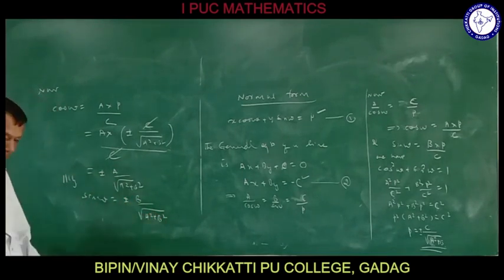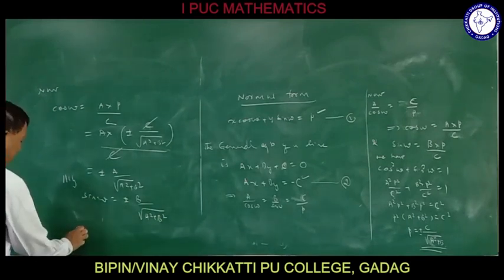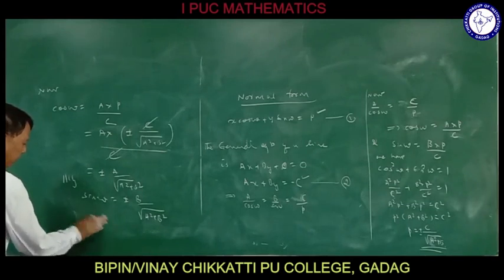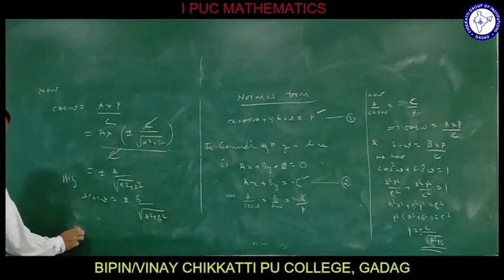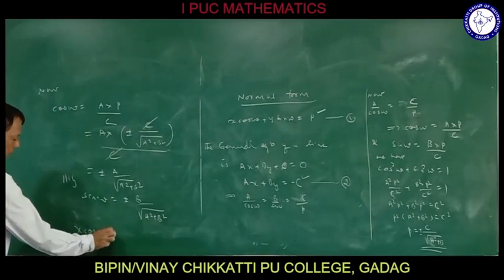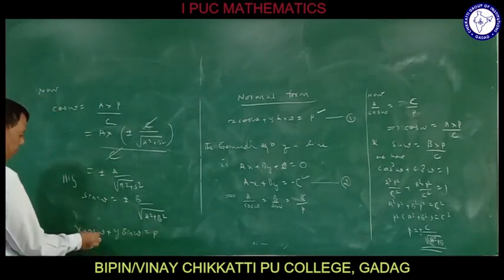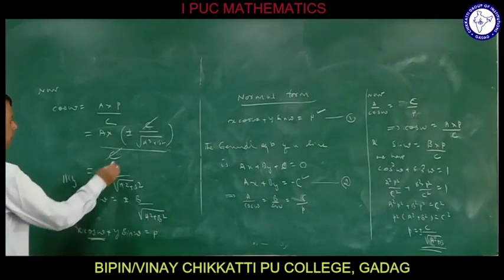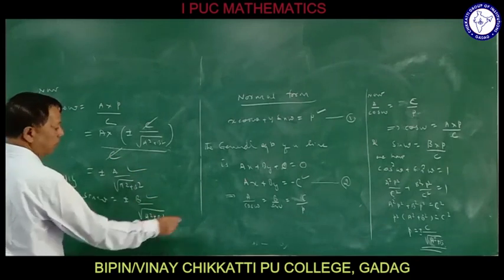So finally I write one step: substituting these values in the normal form. What is the normal form? The normal form is x cos omega plus y sin omega is equal to p, and you have to write the value of cos omega this, and sin omega this, and the p value is there.